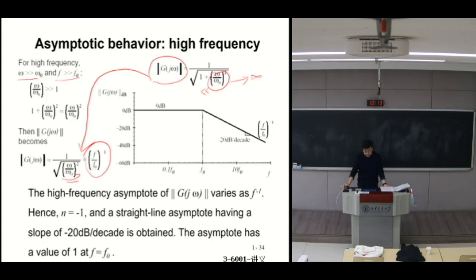As we discussed, the Bode plot for such a form of transfer function will be a straight line with a -1 slope. -1 is an abbreviation, a simple way to represent the slope. The actual slope is -20 dB per decade.